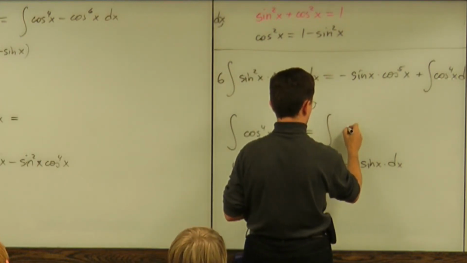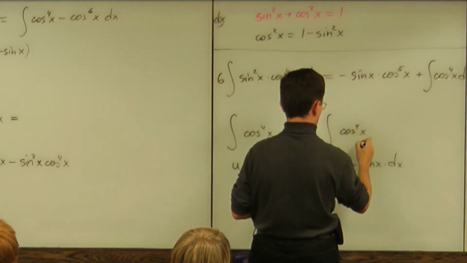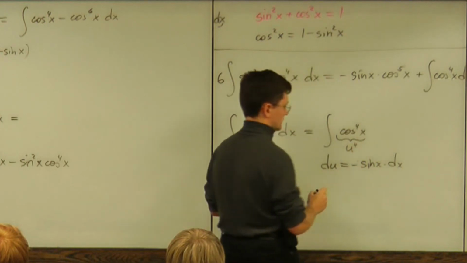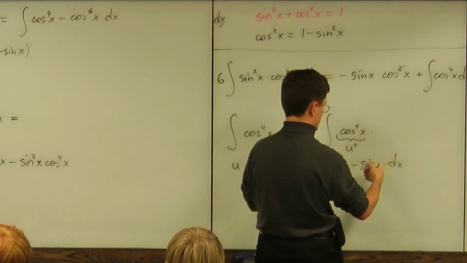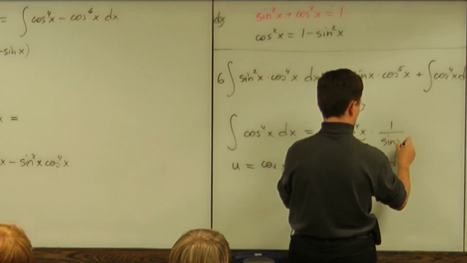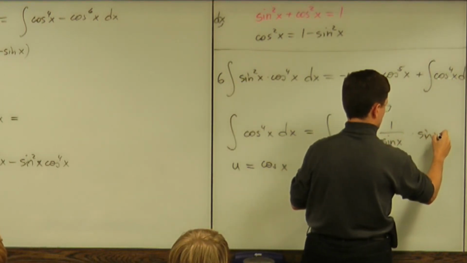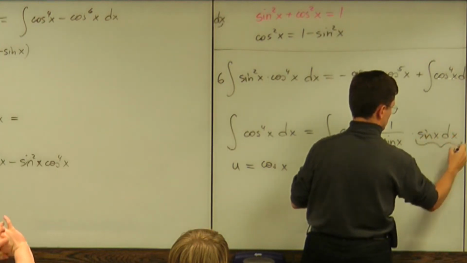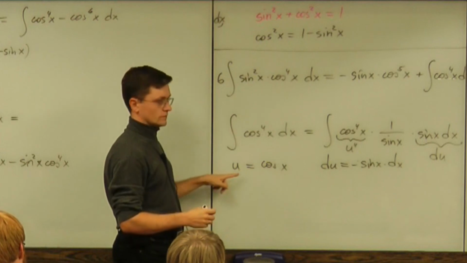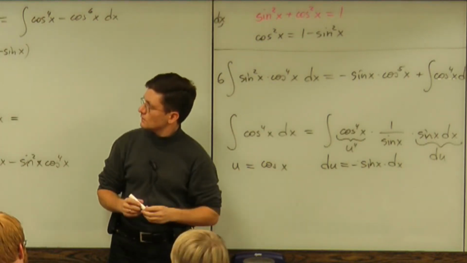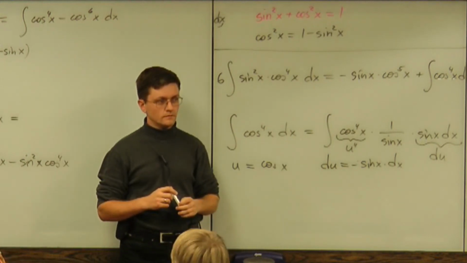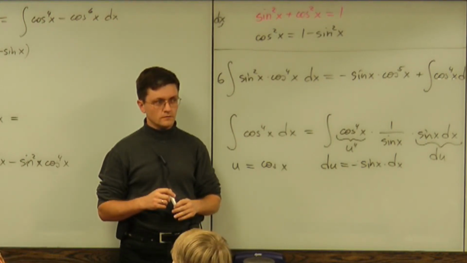Your integral becomes cosine to the power of 4, which is simply u to the 4th. That's easy, but then you have to multiply by 1 over sine x times sine x dx to make this du. And 1 over sine x is not an easy thing in terms of u. Do it like a tangent, and then you have to do substitution again, and get a natural log.